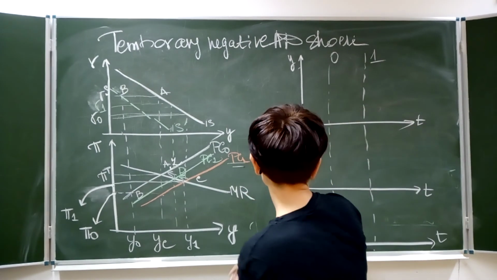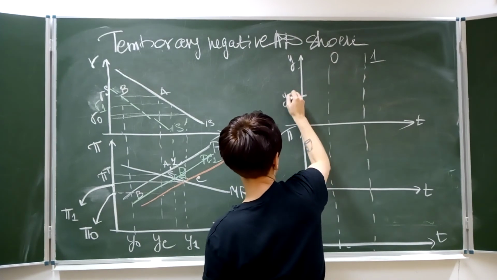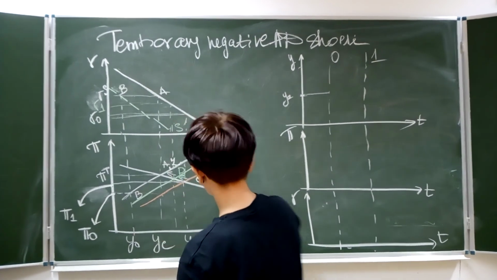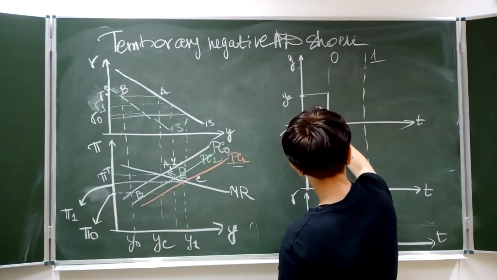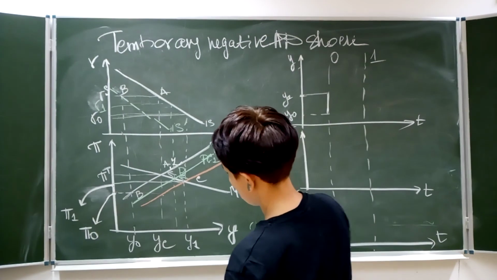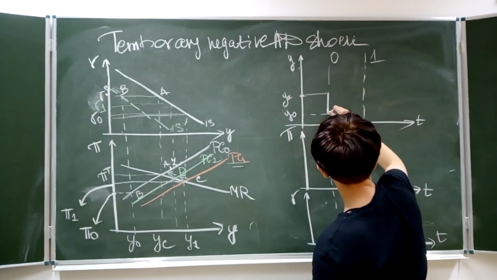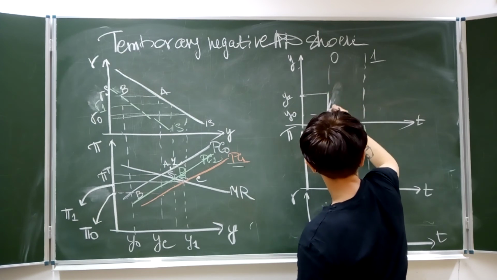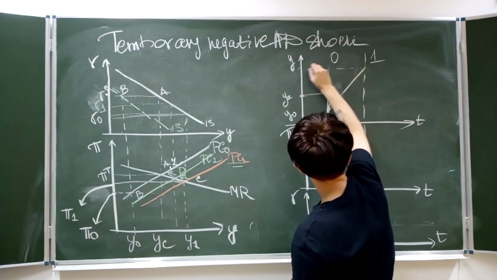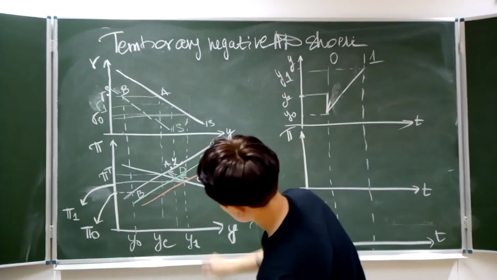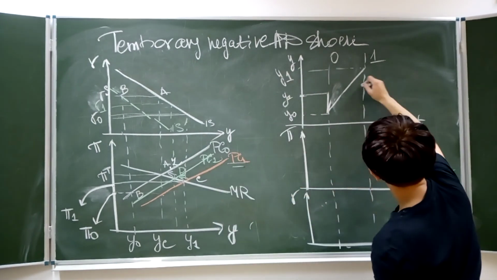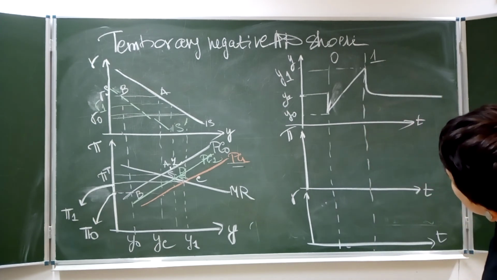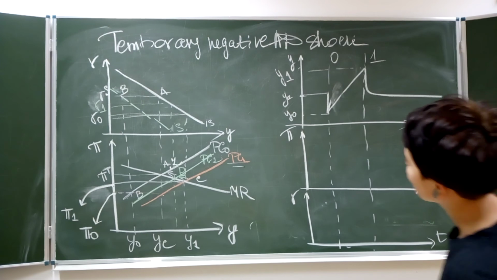So for output, initial value was potential output, YE. Then in period 0, it decreased to Y0. Then it increased to Y1. And then it was slowly decreasing to the initial level of output. Something like this. I do not like this shape, but you got the idea.